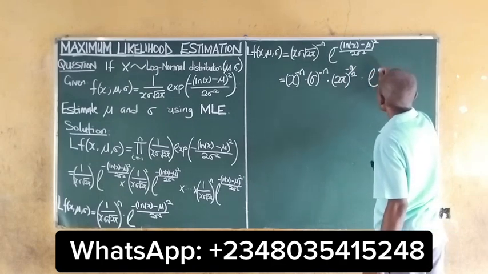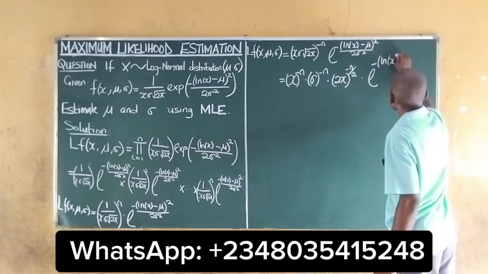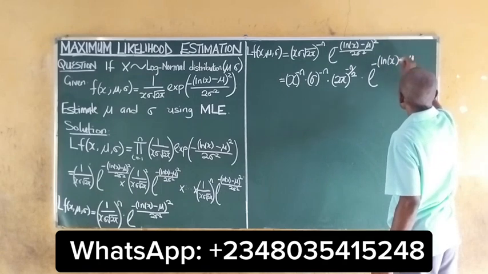multiplied by exponential negative ln x minus mu.